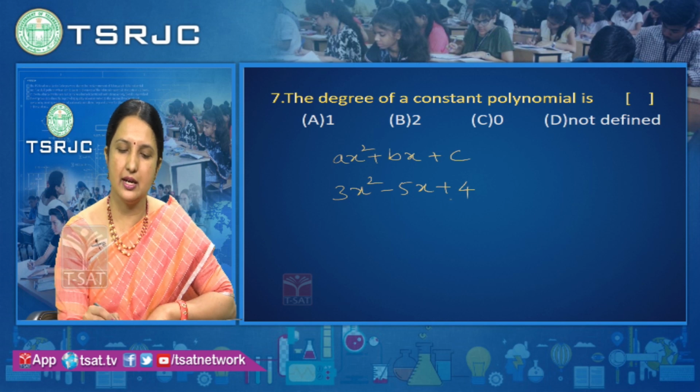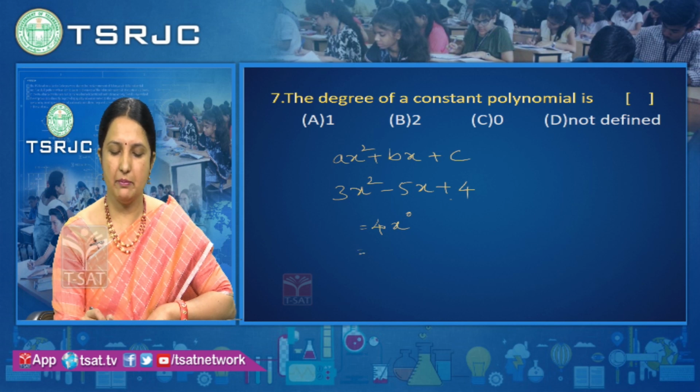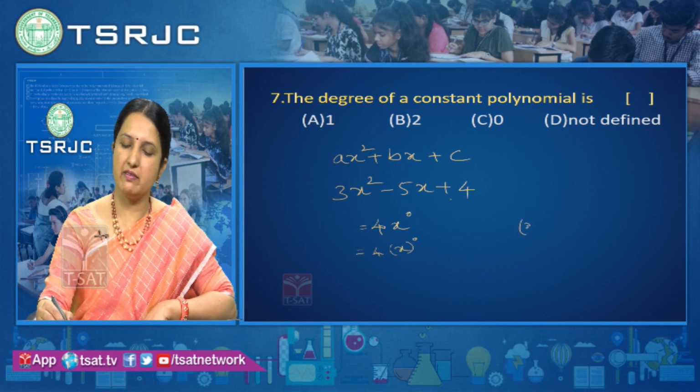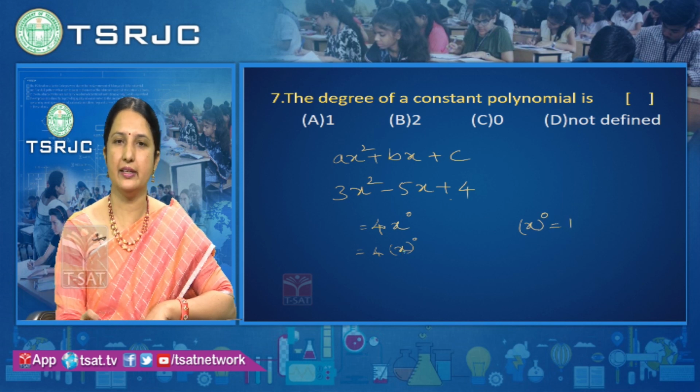But what is the degree of constant polynomial? That is 4 is a constant polynomial. In this what is the degree? X power 0. That means no variable is there. But here we have one variable, that is x. In that power is 0. Why? Because x power 0 equals to what? 1. So, we are not writing here.